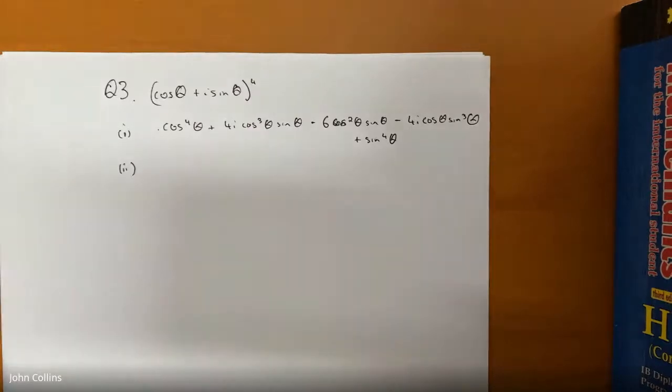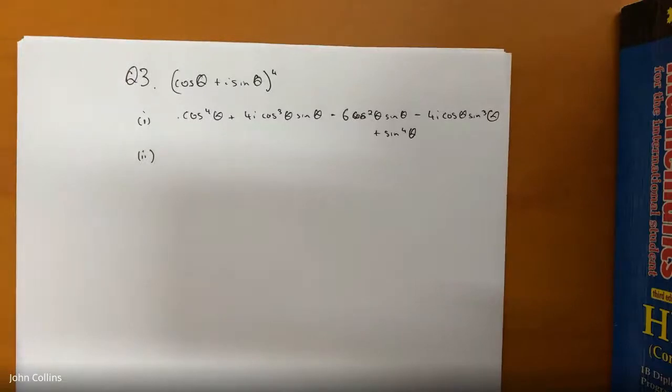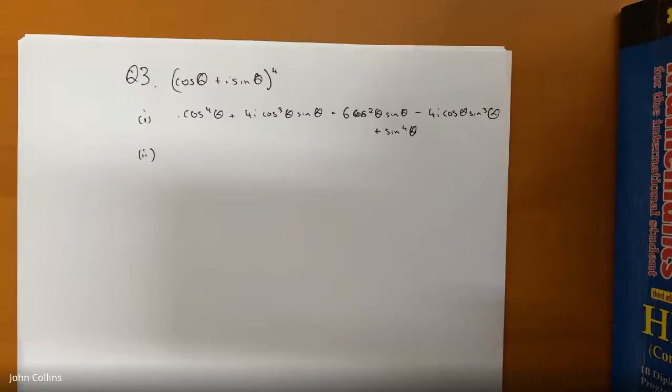Okay, what were your thoughts here? I think I figured out what I've done now. What were your thoughts here, Sean? What did you do? Using de Moivre's theorem, I just multiplied the theta by 4 in both of them.